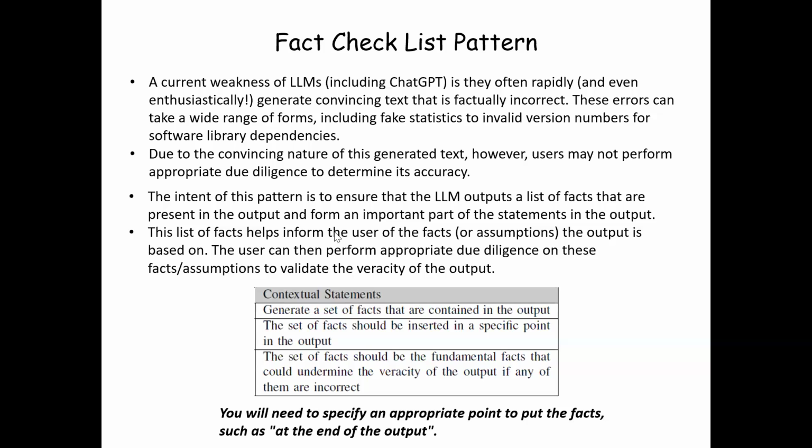ChatGPT is not perfect. One of the weaknesses of large language models, including ChatGPT, is that they can rapidly generate convincing text, but not correct. These errors can take a wide range of forms, from fake statistics to invalid version numbers.